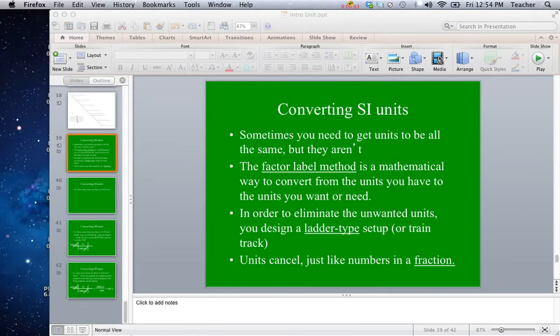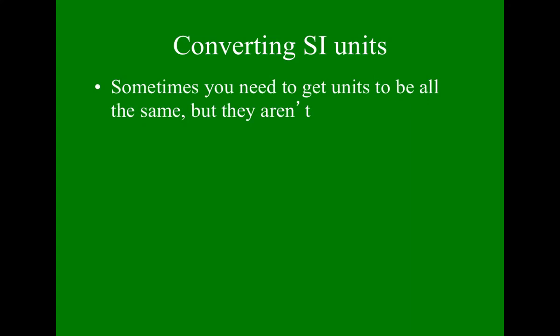Okay, so what we had talked about before was how we can convert metric units using the stair-step method. That's a review for you, but what we want to do is look at how we can convert any units. Specifically, sometimes we need to convert our SI units, because sometimes you need the units to be all the same, but they're not.